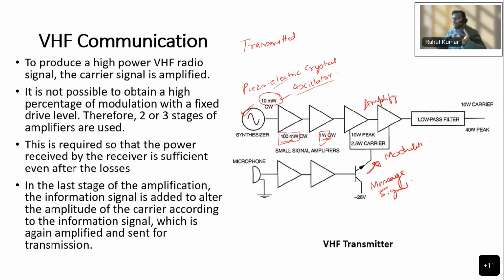So after modulation, again we amplify the signal to 10 watt, and then it is transmitted. Okay. So this is your VHF transmitter.